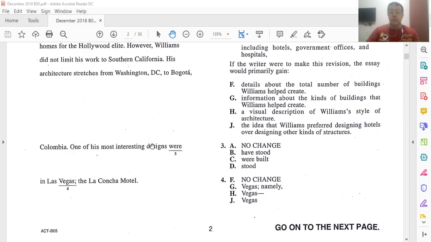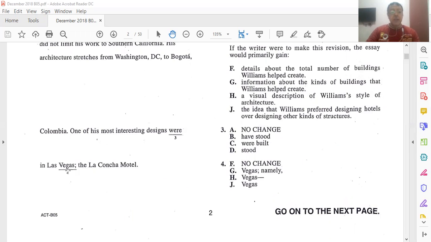Have stood, no. And were built, no, again because were doesn't agree with the subject, one of his designs. So the best choice then is stood. Any verb in the past would agree with any subject, regardless of being singular or plural. If we say one design stood, if we say 100 designs also stood. So D is the best answer.